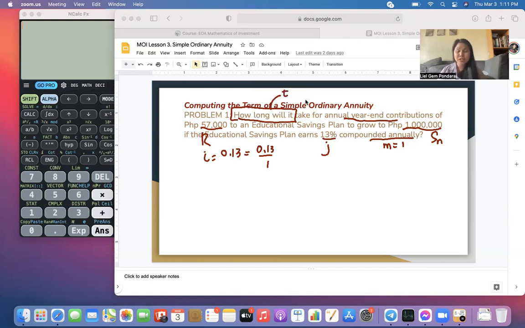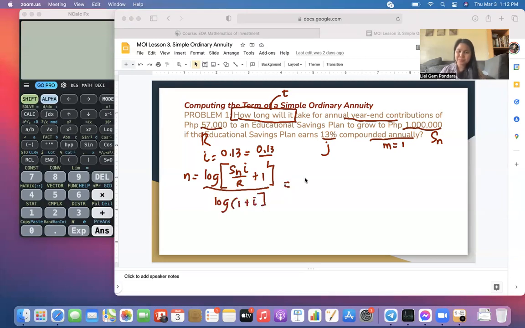But we do not solve for t right away. Instead, we need to solve for n first. Here's the formula: n equals log of (S sub n times i over R plus 1) over log of (1 plus i).